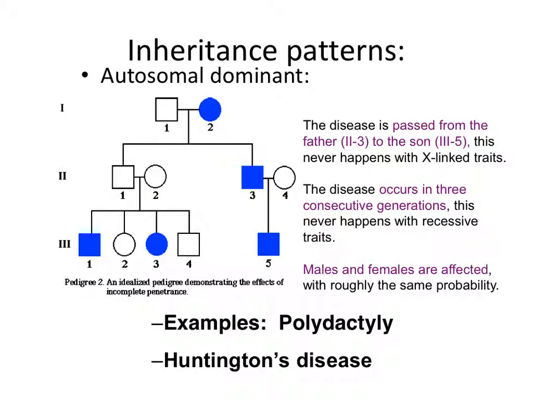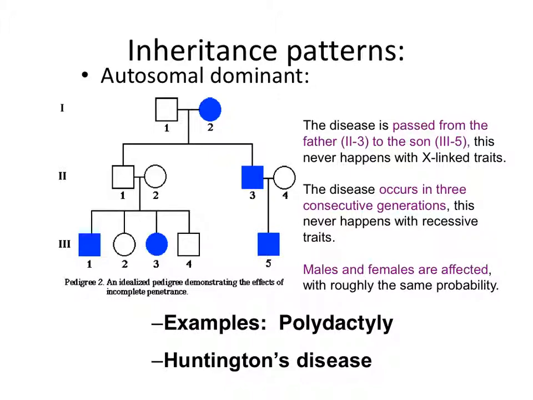So how would I know if a trait that they're trying to track is dominant, recessive, or is it found on the autosomes, chromosome numbers 1 through 44, or on the sex chromosomes, numbers 45 and 46? Here's some clues.